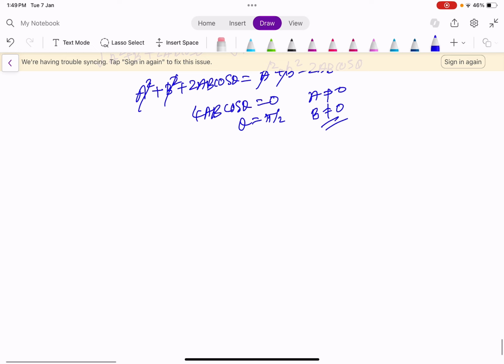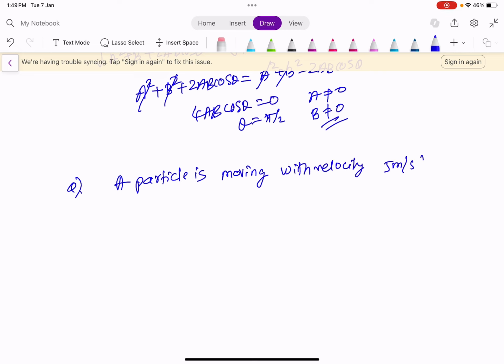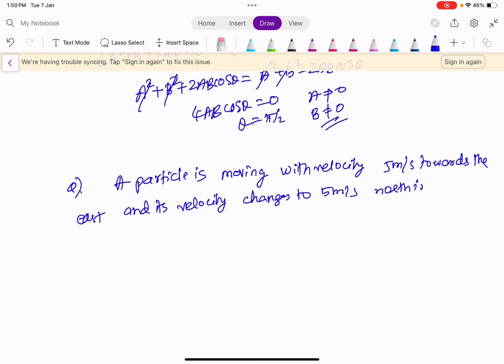Now we'll solve one problem. The problem is this one. A particle is moving with velocity 5 meter per second towards the east, and its velocity changes to 5 meter per second north in 10 seconds.